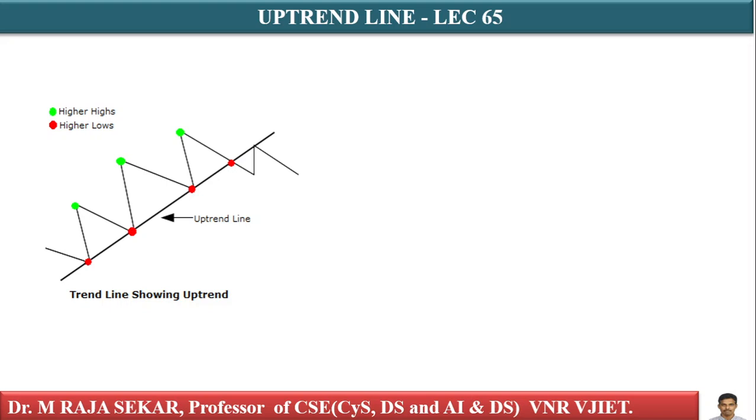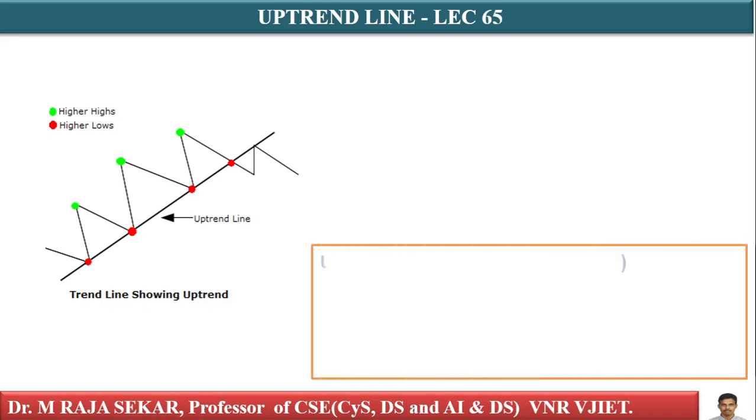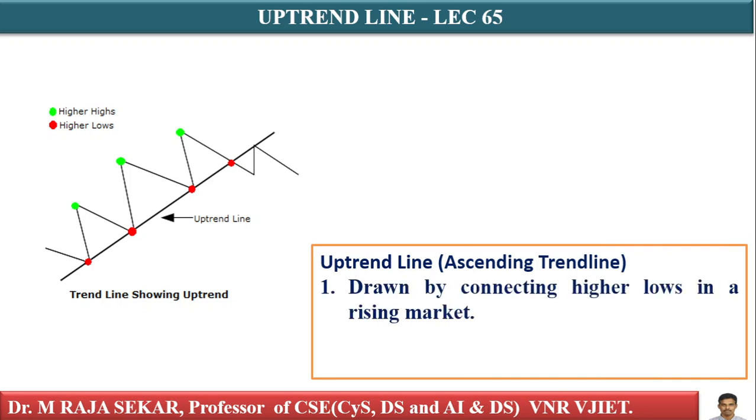The first one is the uptrend line. What is this uptrend line? We will try to understand. What do I have to do to draw it? I must draw along successive higher lows in a rising market. Successive higher lows means what?